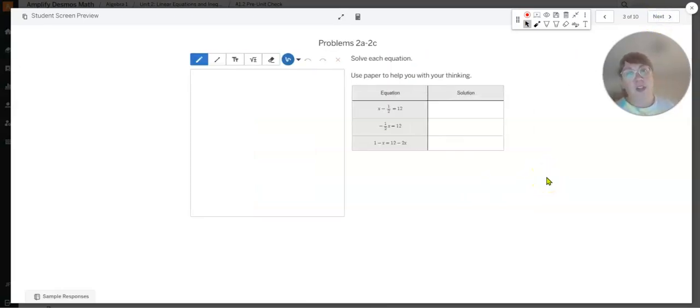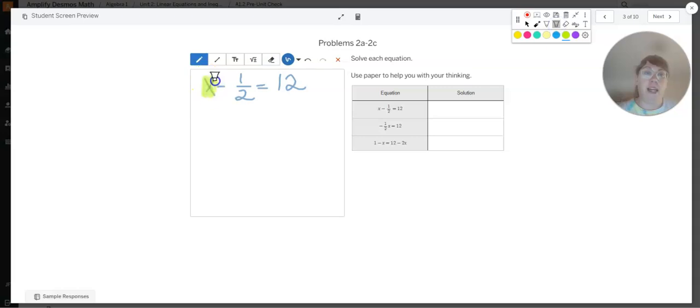Solve each equation, use paper to help with your thinking. So for the first one, we have x minus 1/2 equals 12. So we want x to be by itself. So we need to get rid of the minus 1/2.